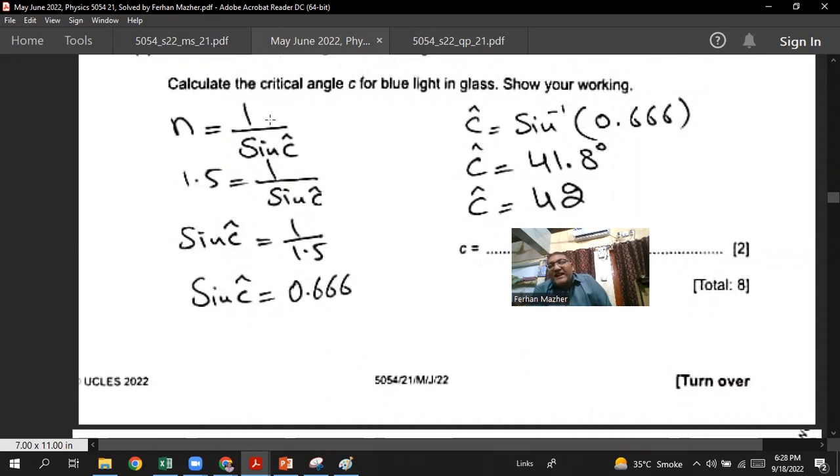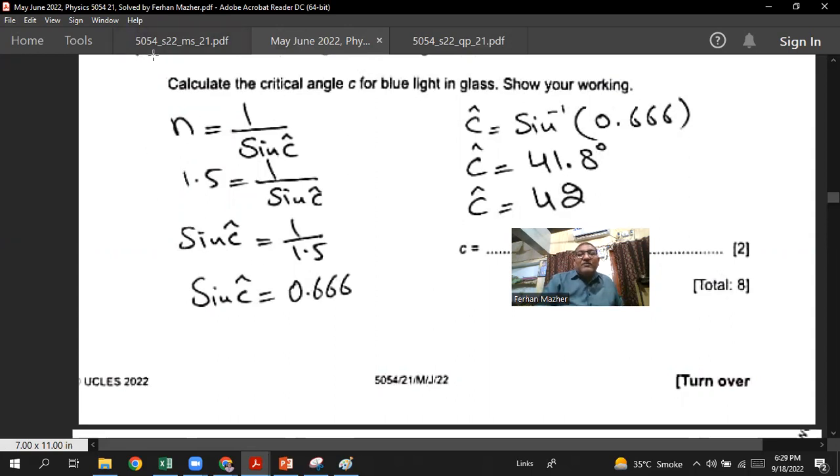So C will be sine inverse of 0.666. In your calculator, you enter shift sine, bracket open 0.666 bracket close, equals, and the critical angle will be 41.8 degrees. When you round it off to two significant figures, it will be 42 degrees. So my final answer will be 42 degrees.